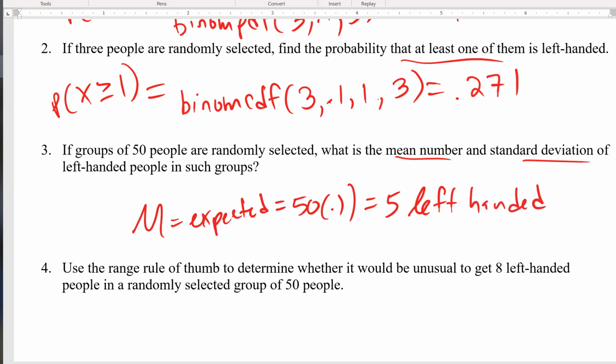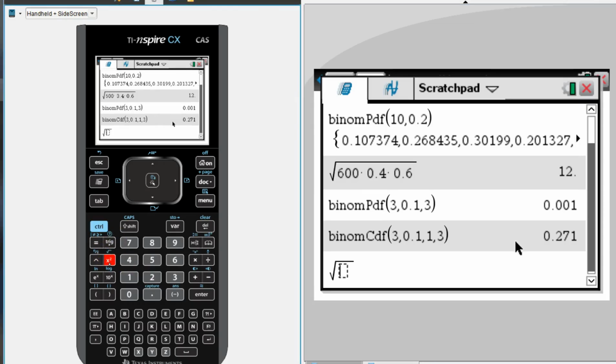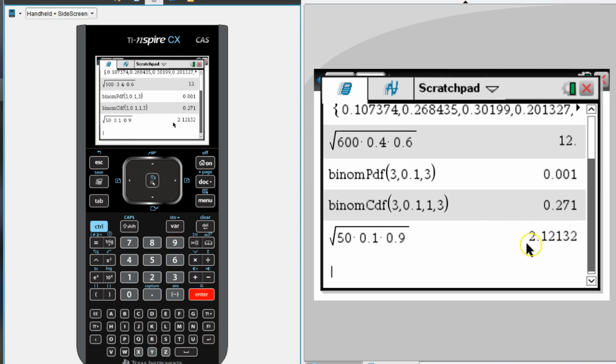No. There's going to be a standard deviation to that of the square root of n times p times q. So let's go ahead and do the square root of 50 times 0.1 times 0.9. So 2.121.